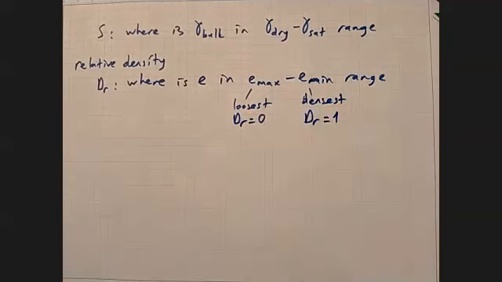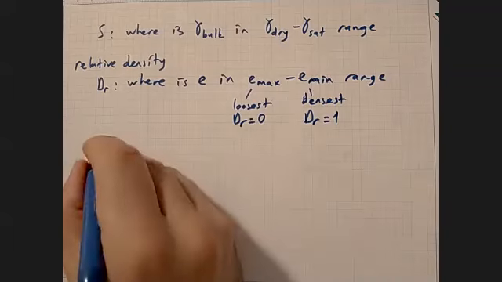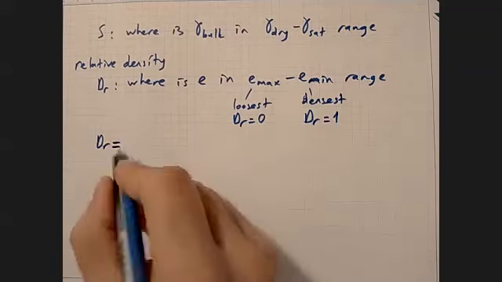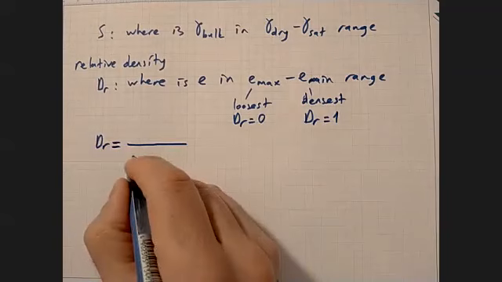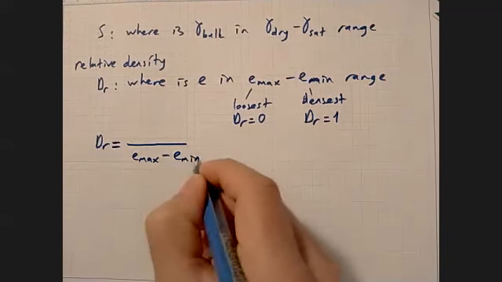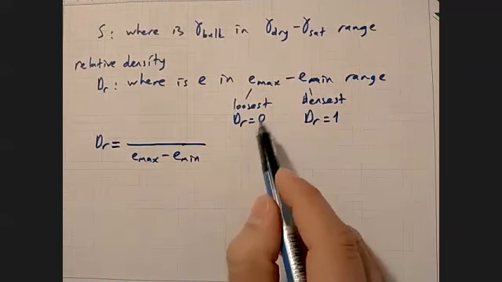So if we express that mathematically, we are looking at where we are in this range, e max minus e min, and I want it to be 0 when I'm at e max.